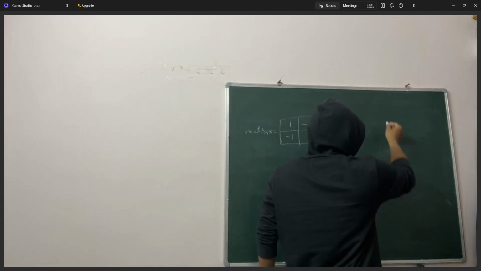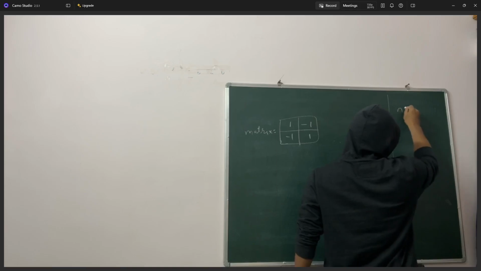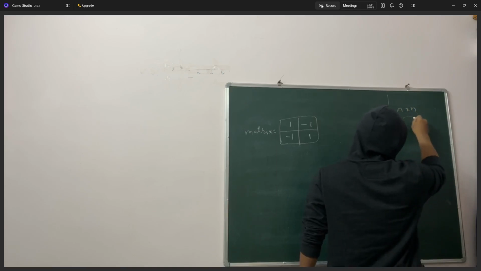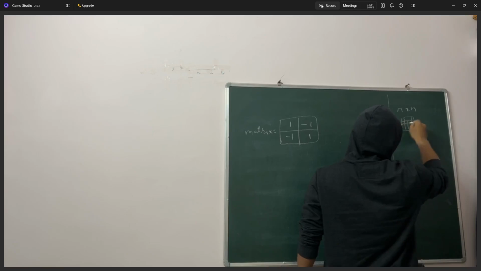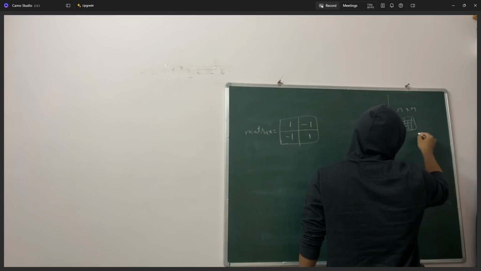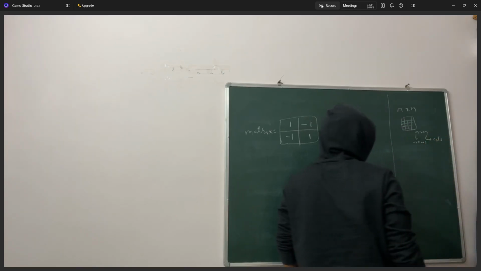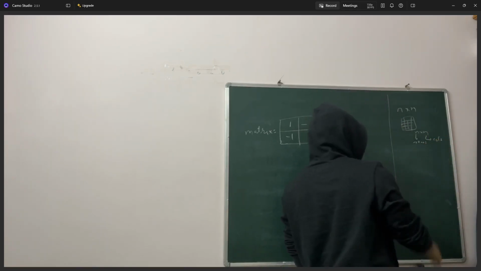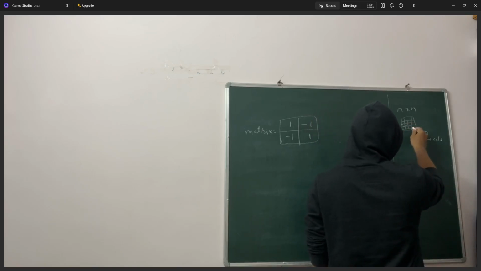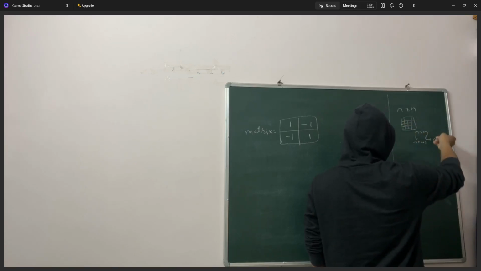In the question, we are given an n cross n matrix, which means we have n rows and n columns, right? And we have integers in the matrix, and they may be negative, positive, or 0.